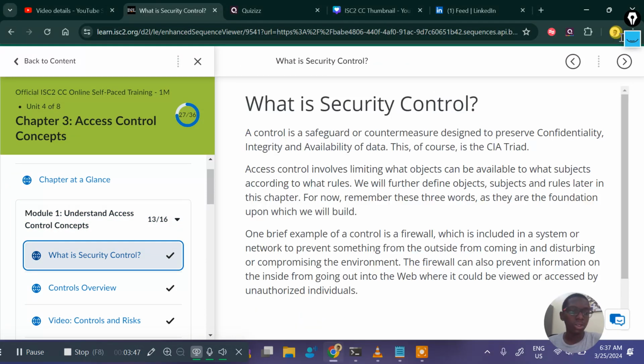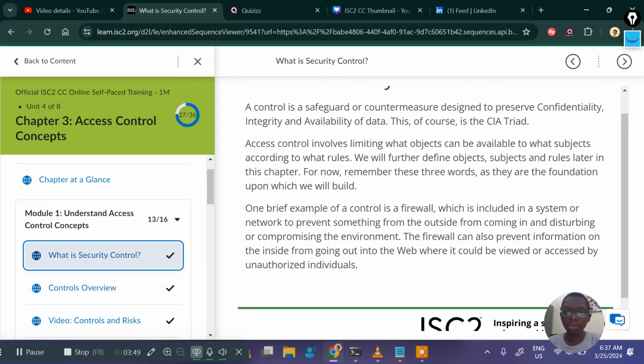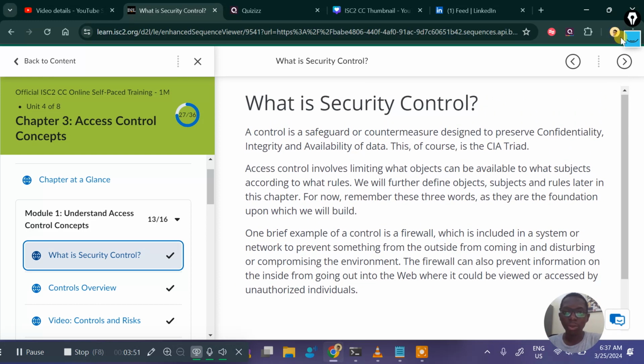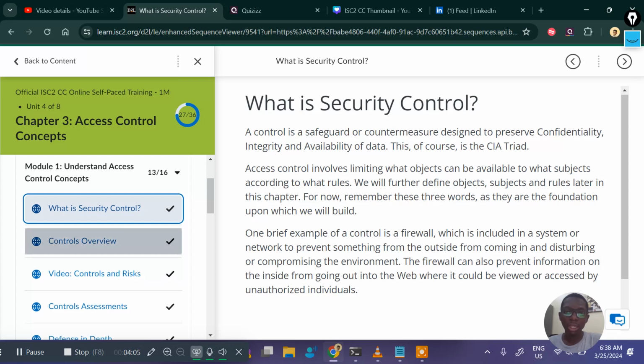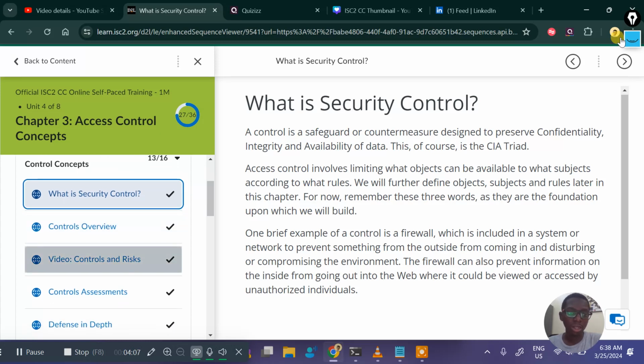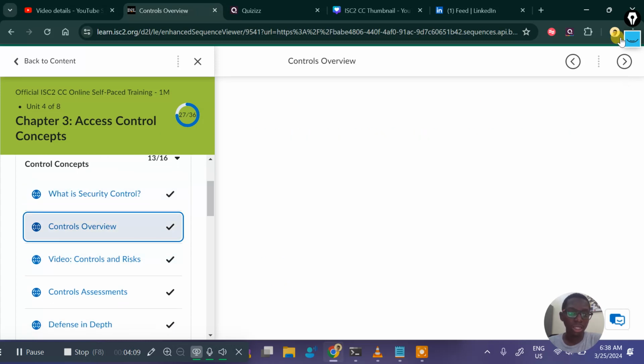So we're just going to try to go through some of them. A security control is a safeguard or countermeasure designed to preserve the CIA. So basically, when you have a security control, it's protecting confidentiality, integrity, and availability. And all it's all about is the subject and the object, what they can access.